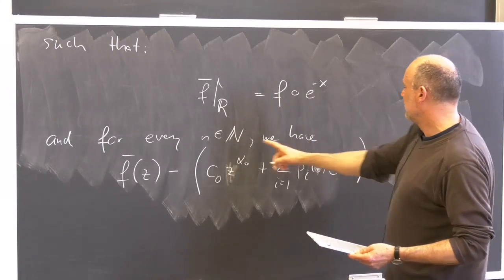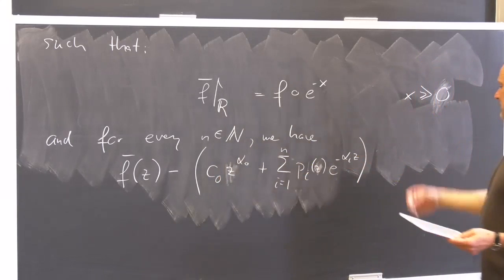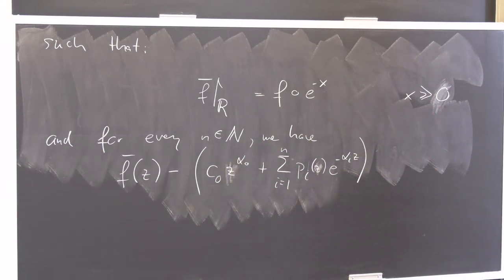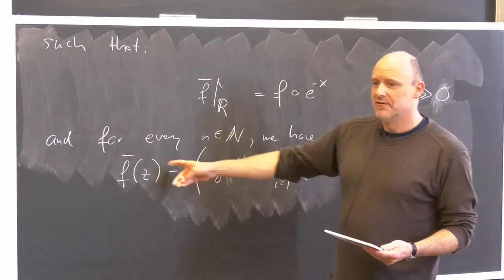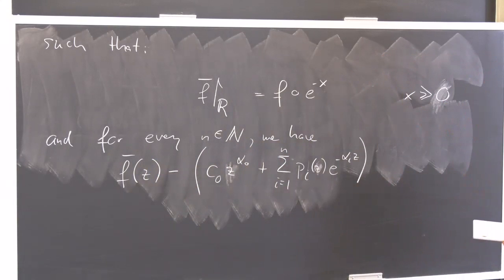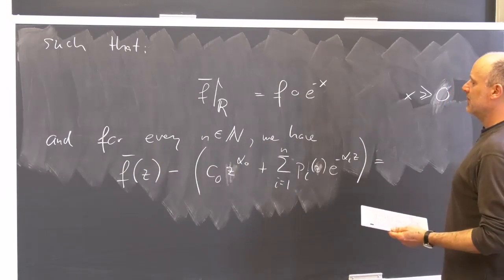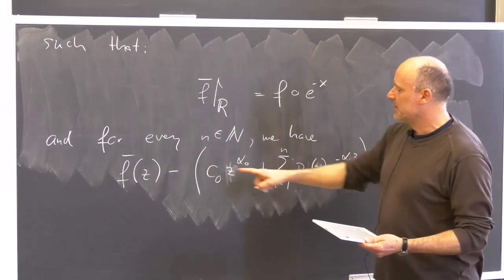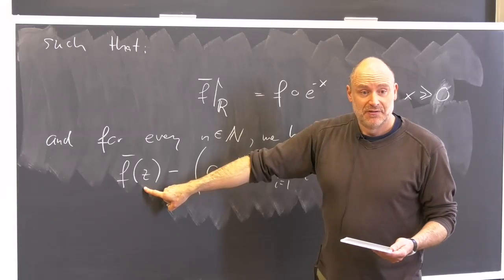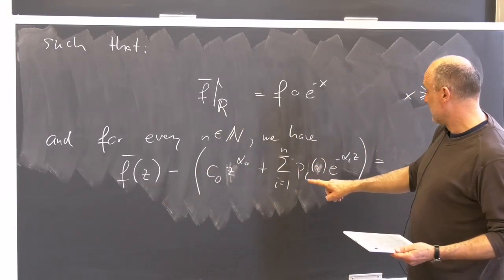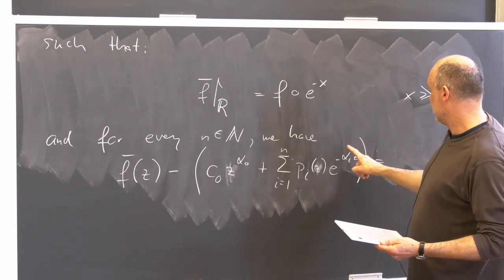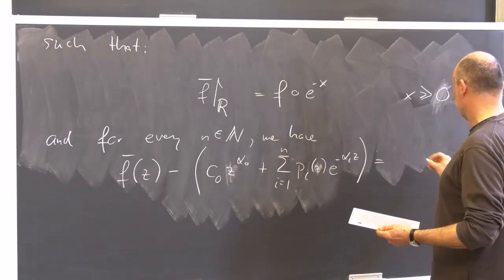So this is definable in R_an,x, for example, this function. So I can subtract it from f bar, and this is supposed to approximate that function up to the order of the smallest monomial in this sum.